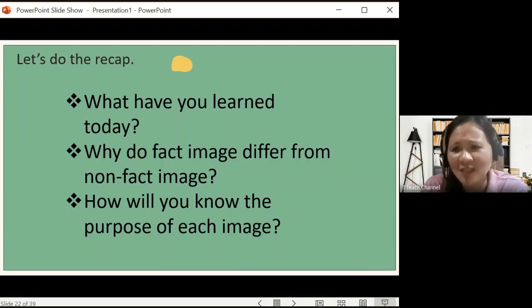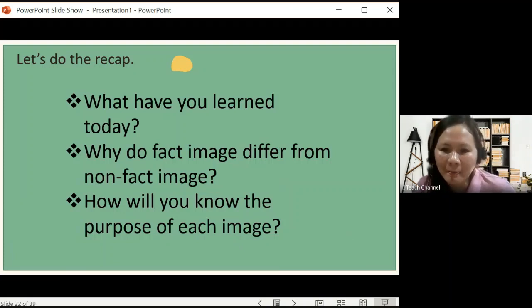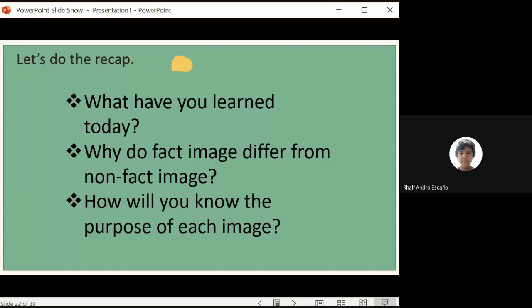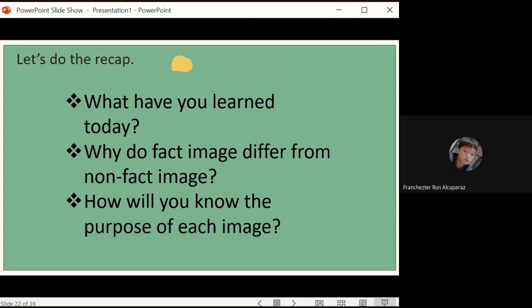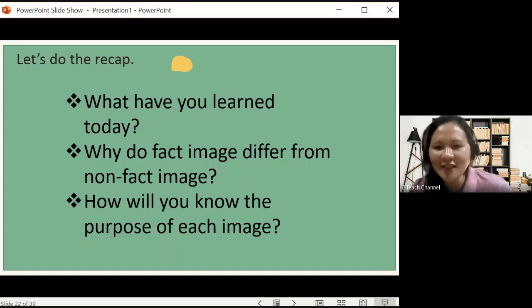Can you tell me what is the purpose of the fact image first? The fact image. What is the first one? Ralph. To educate. Very good. That's the first one, to educate, to inform. Number 2, Ron. To entertain. Very good. That's correct. Fernando.